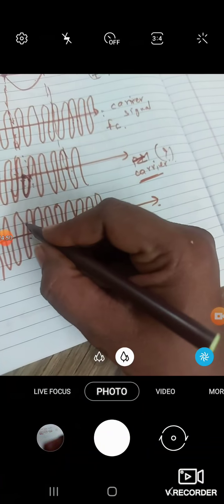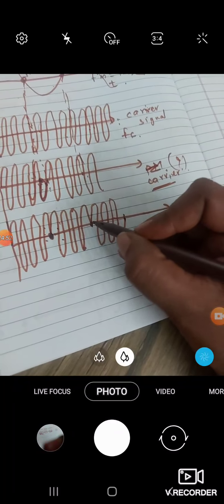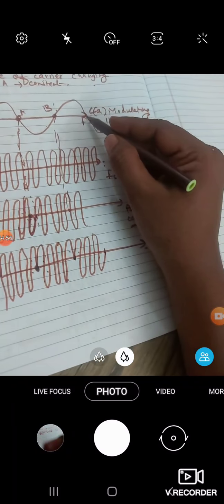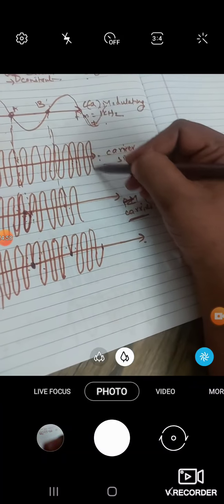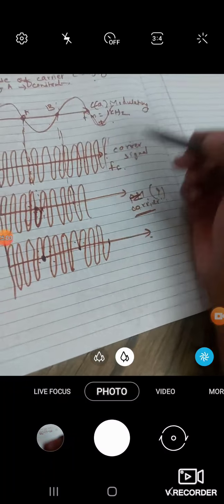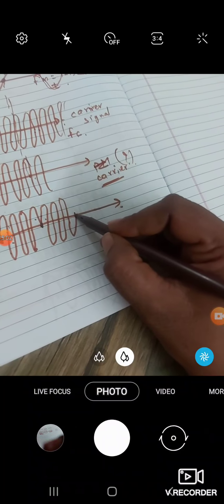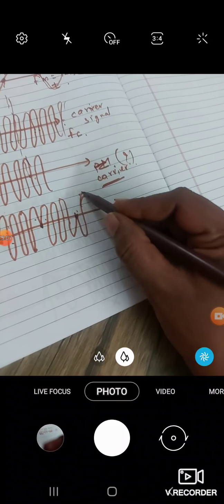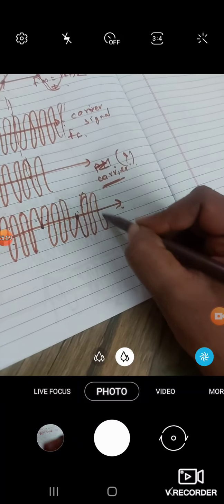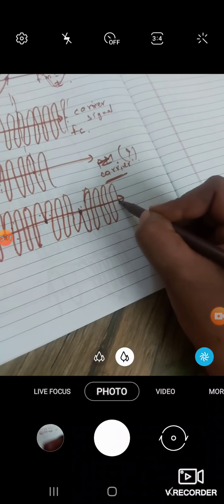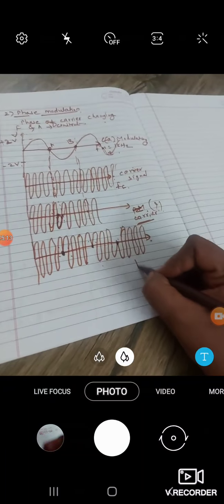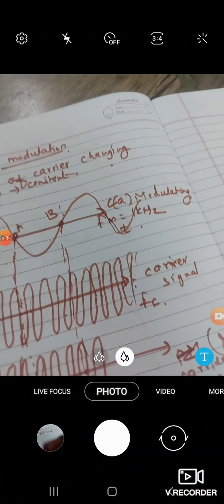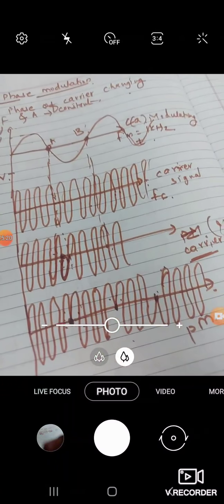So here it is changing by 180 degrees, here it is changing by 180 degrees. इथं जर बघितलं आपण ट्रान्झिशन तर इथं निगेटिव्ह असणार आहे, इथला कॅरियर as it is असणार आहे. So what is the change here again, instead of going in this side it will have a 180 degree phase shift, and the carrier of phase modulation, or the signal of phase modulation, will be drawn in this way. So this is the concept of phase modulation.